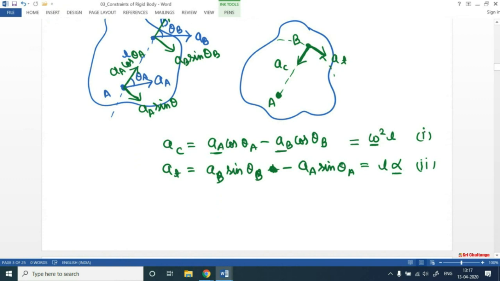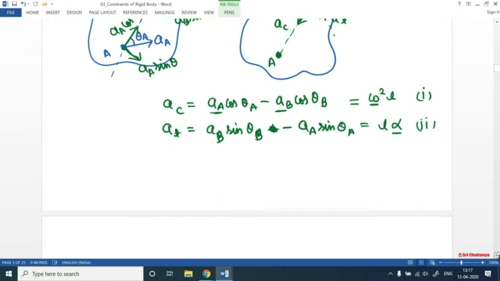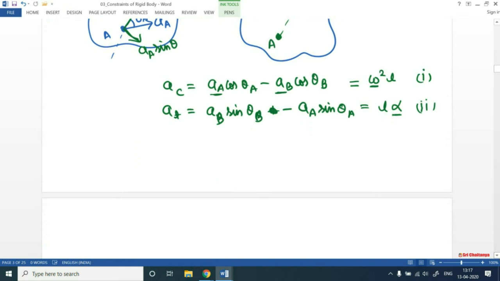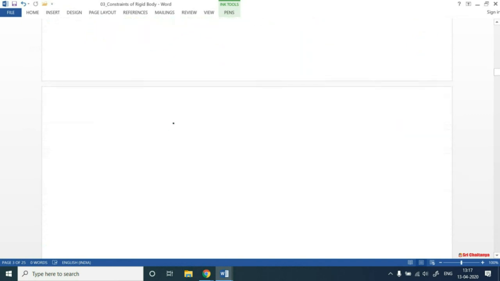So these two relationships are going to be useful for the acceleration constraint equation, as well as to find out the angular acceleration of the rigid body over here.